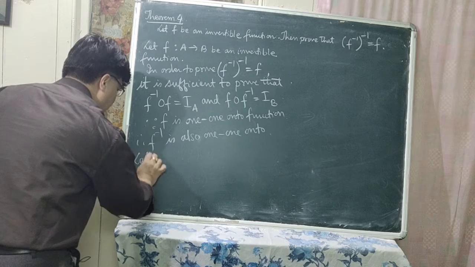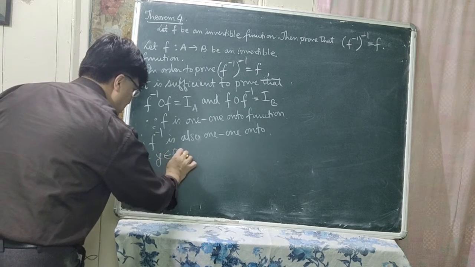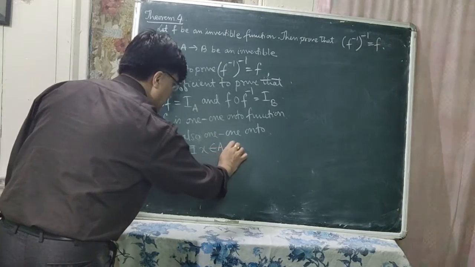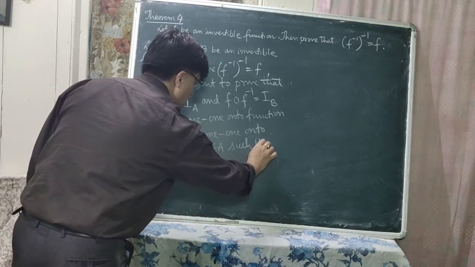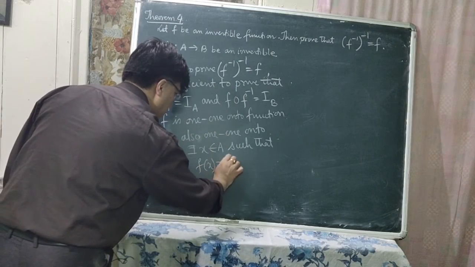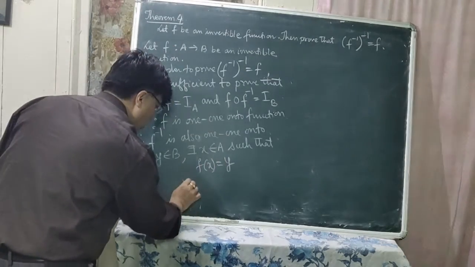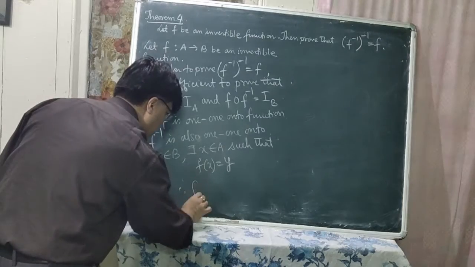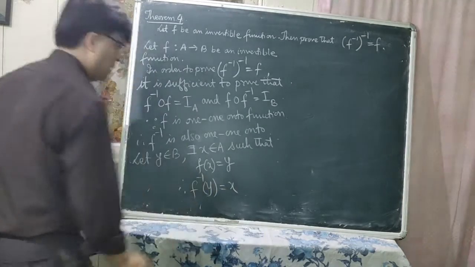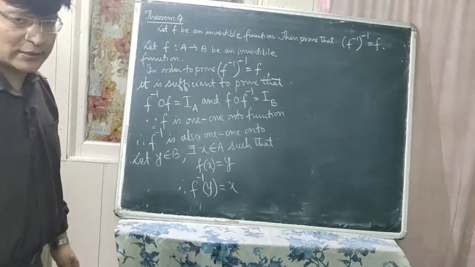So let y belong to the set B. So there exists x belonging to the set A such that f of x is equal to y. Or you can take f to the right hand side, so it becomes f inverse of y is equal to x. So I think you have understood it.